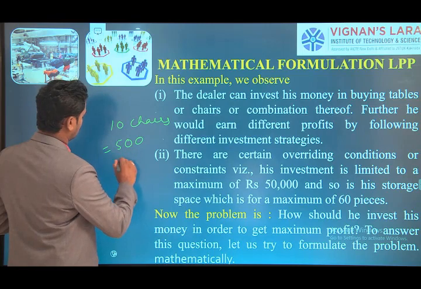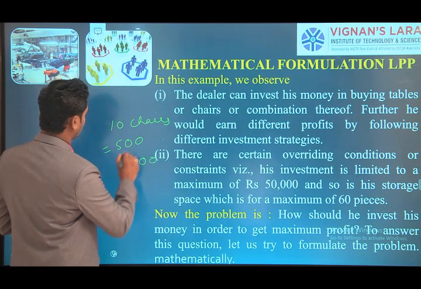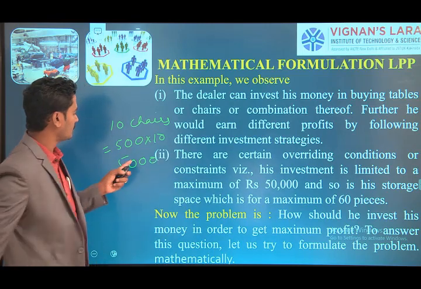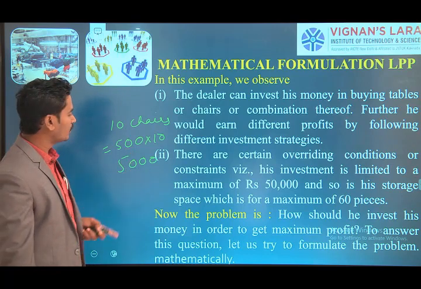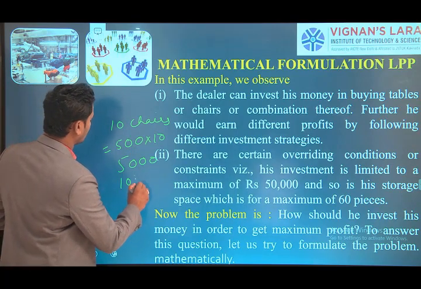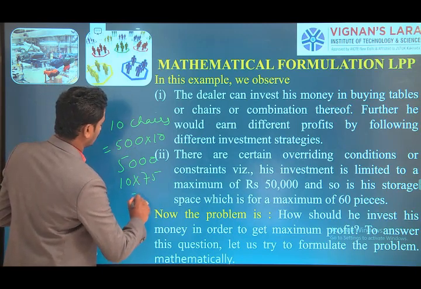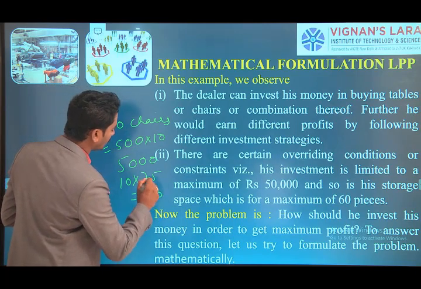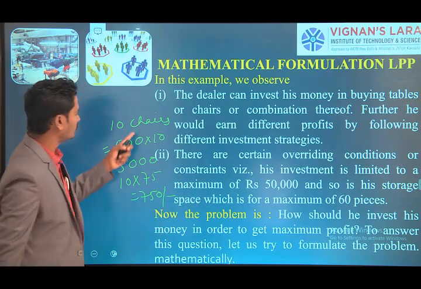So the total cost is 5,000 for 10 chairs. From this he is going to earn 75 rupees from each, so 10 into 75. That is, he gained 750 rupees from chairs.